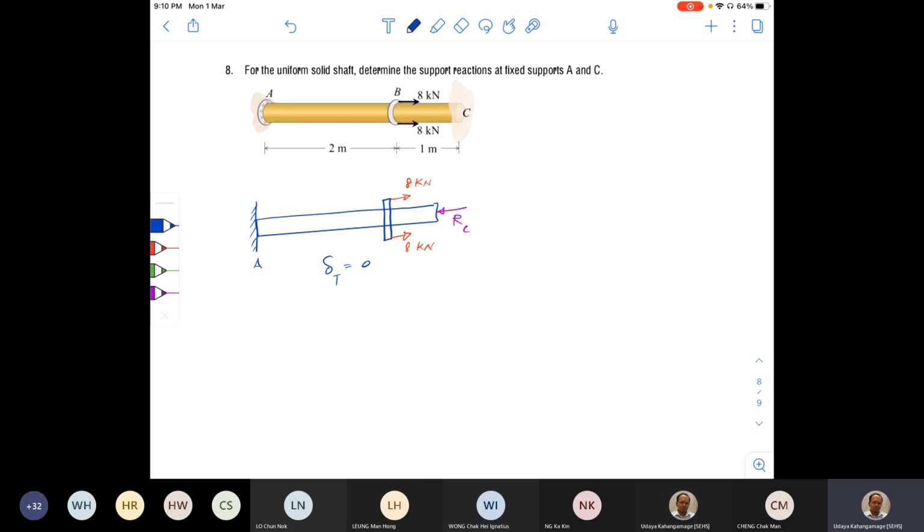Now we can replace this system with two systems. I can apply only the loads first and let it freely expand, removing the reaction RC, and then find the axial deformation. And I can also apply only the reaction force RC and find the axial deformation again. Let me draw the equivalent system, with only the loads this time.